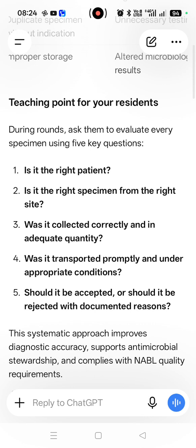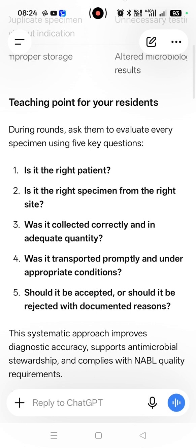So this person has to take care of whether it was collected correctly and in adequate quantity, was it transported promptly, and other appropriate conditions were maintained or not? Should it be accepted? At the end, he should think, just by looking at all these points, whether it should be accepted or it should be rejected, or if it is done, why you are doing it, and it should be properly documented too, because this is very, very important these days.